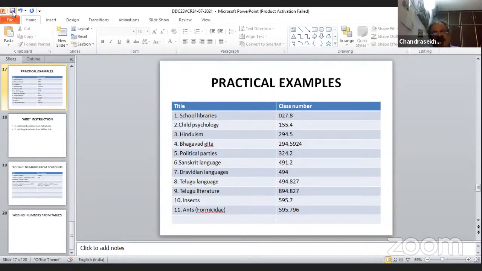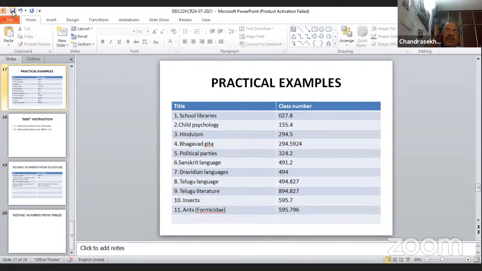In the practical exam, we will give you the schedules. So you learn up to psychology. You can identify the number for psychology, 150, from the three divisions. From the third summary, you can identify that 150 is assigned for psychology.